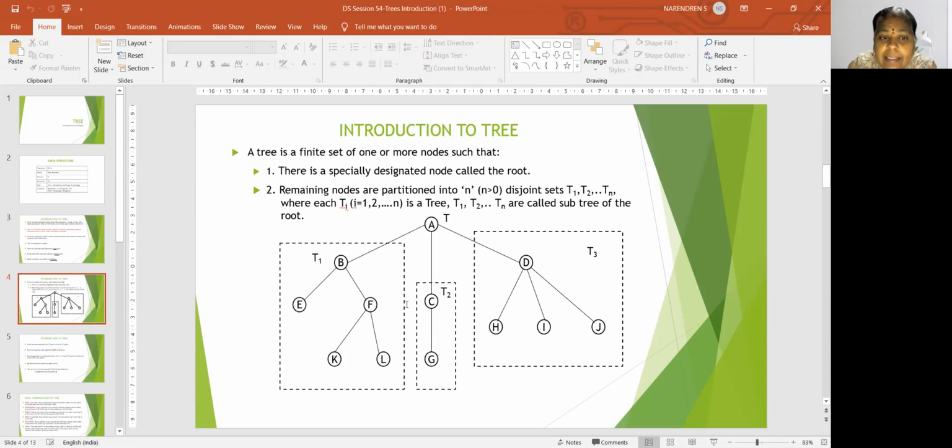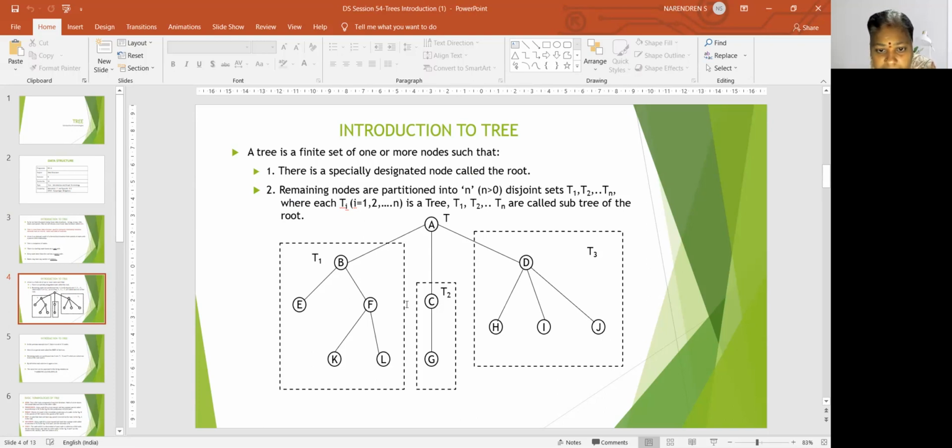So that is what a tree is: a finite set of one or more nodes, such that there is a specially designated node called the root. The remaining nodes are partitioned into n disjoint sets, where n should be greater than or equal to 0. We define these as T1, T2, T3, up to Tn.